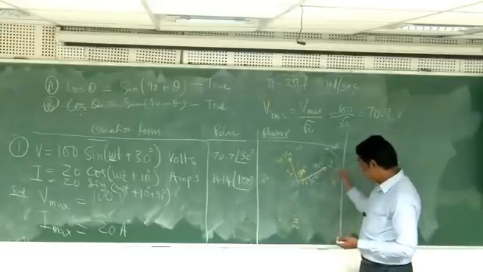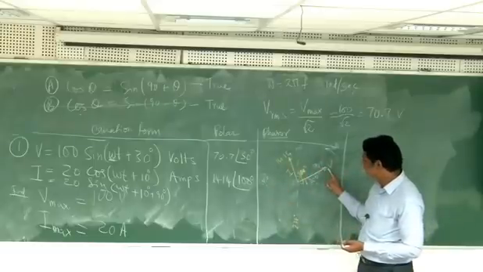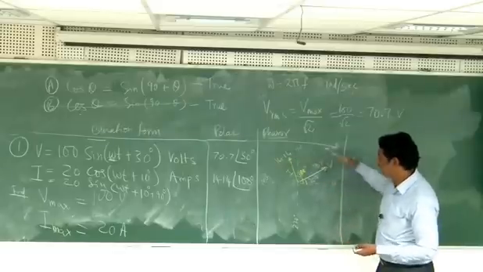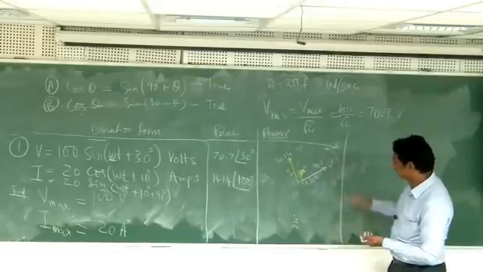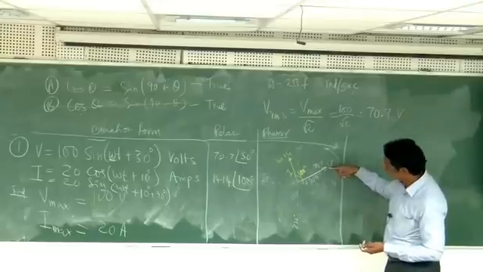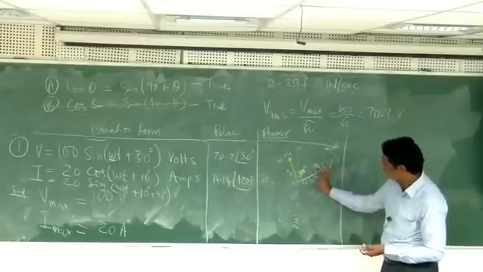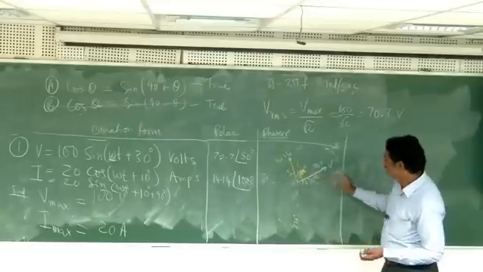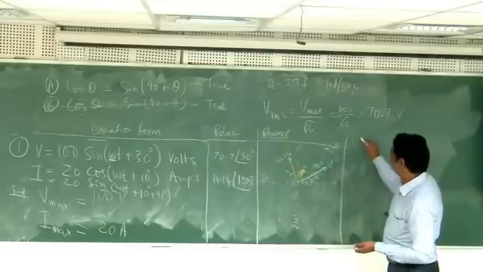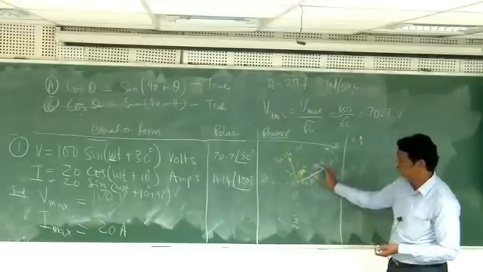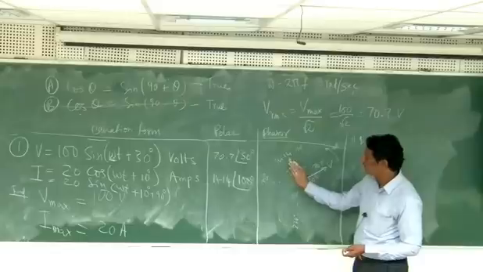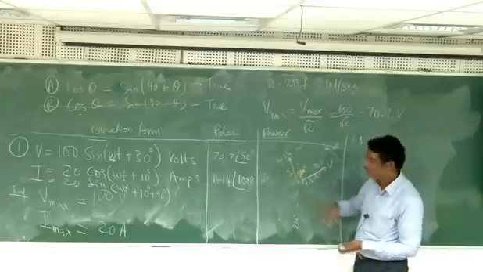So then what happens to the V value? If I look at only the vertical height, the V value will keep on increasing, and when this becomes 90 degrees, V will reach the maximum. So V is increasing and then reaches maximum, whereas the I value already reached maximum and is now reducing.